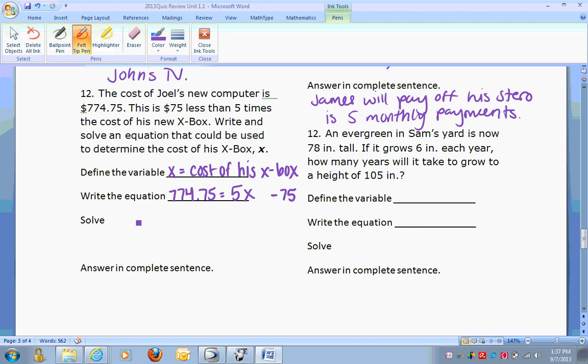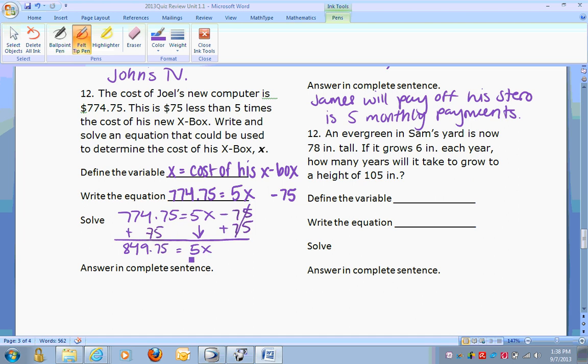All right, so now we're gonna go ahead and solve that equation. And the first thing we're going to do to solve is add 75 to both sides. The negative 75 and the positive 75 cancel out. I bring down the 5x. $774.75 plus 75 should give you $849.75.